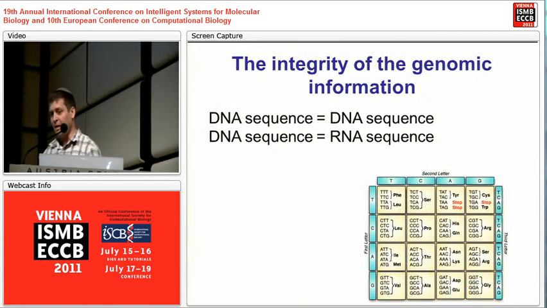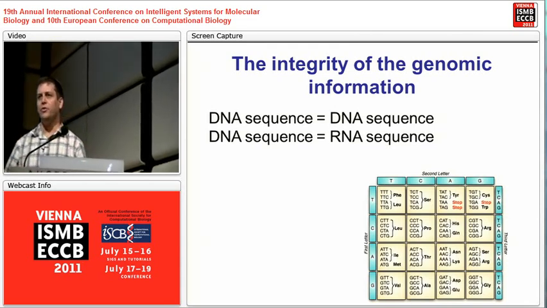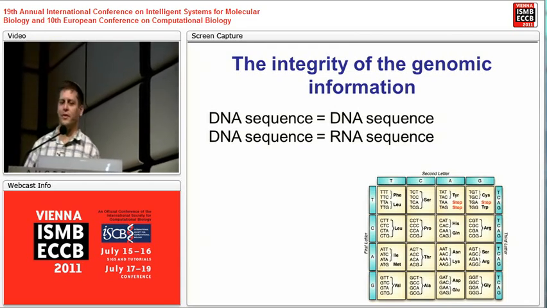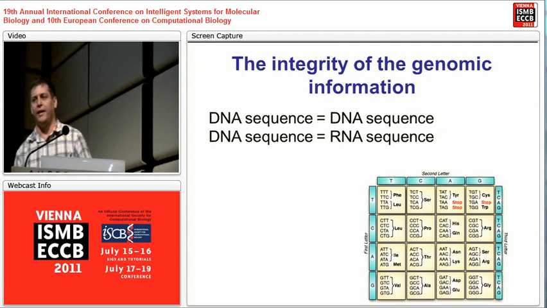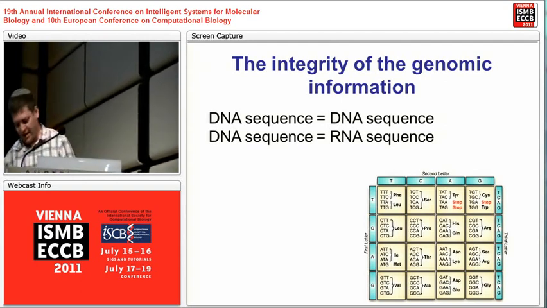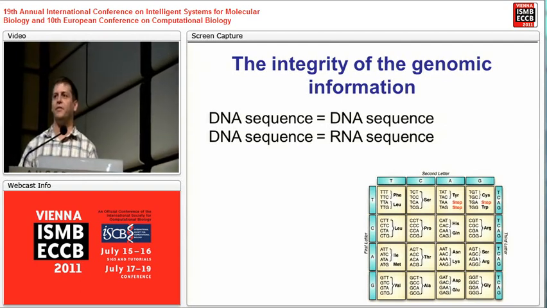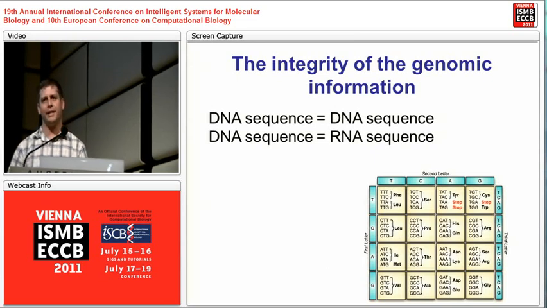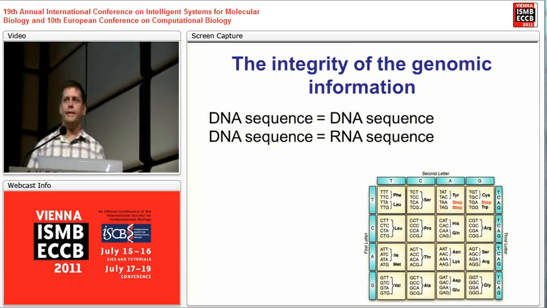And as we just heard, we usually believe that DNA sequences are about the same in all the cells. The DNA sequence in every cell is exactly the same, barring random mutation.